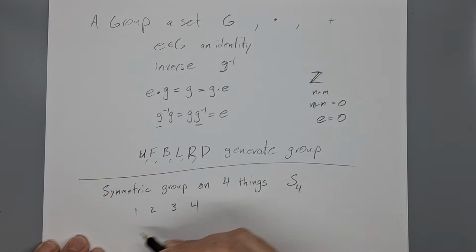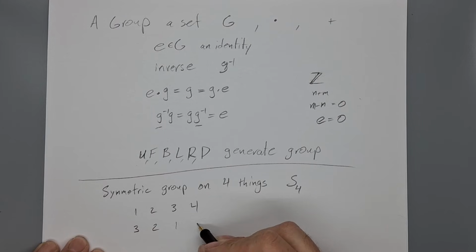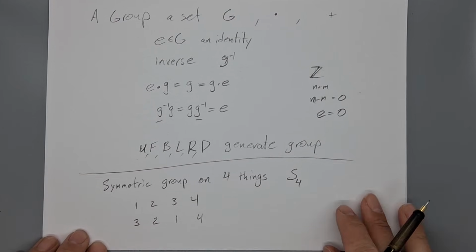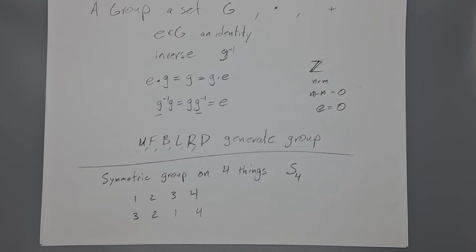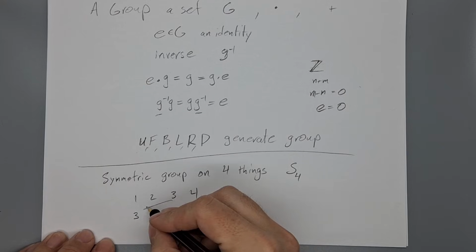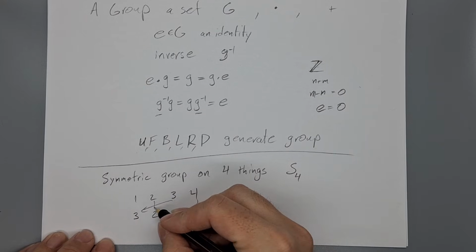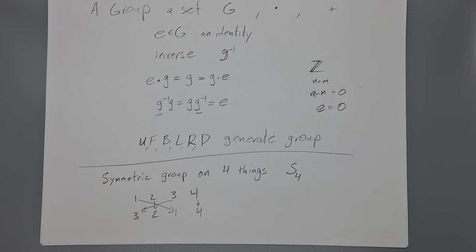So I could reorder these like 3, 2, 1, 4. If I do this reordering, we see that 4 has gone to itself, 3 has gone to the first spot, 2 has gone to itself, and 1 has gone to the third spot.